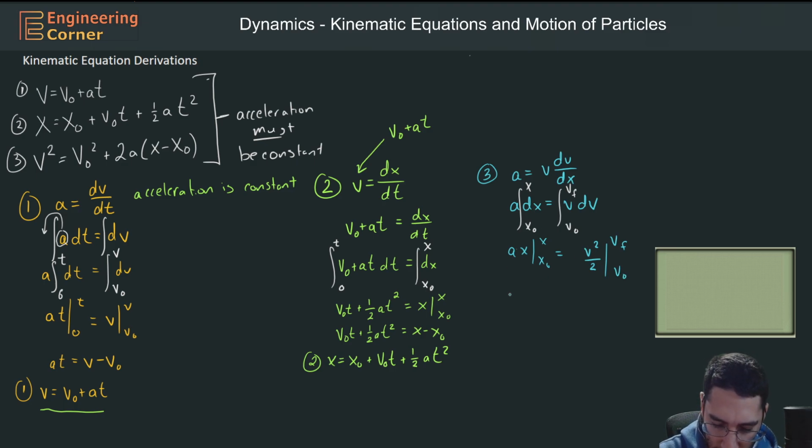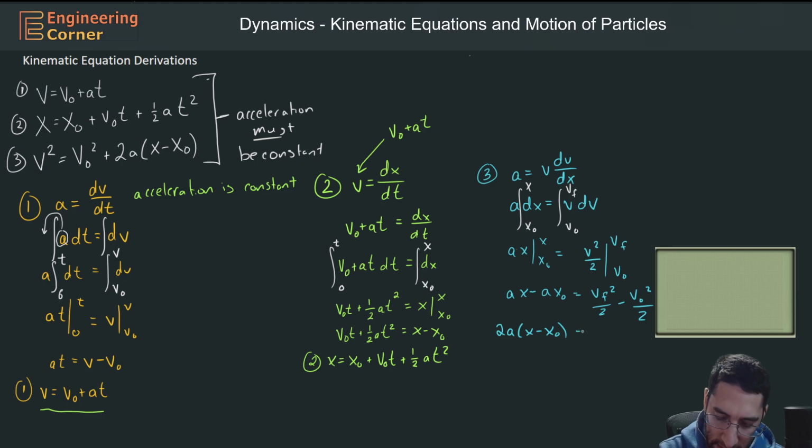So if we do this, we'll get a times x minus a times initial x is equal to vf squared over 2 minus v naught squared over 2. Here we can just say this is a times x minus my initial x. If we multiply both sides by 2, we get a 2 right here.